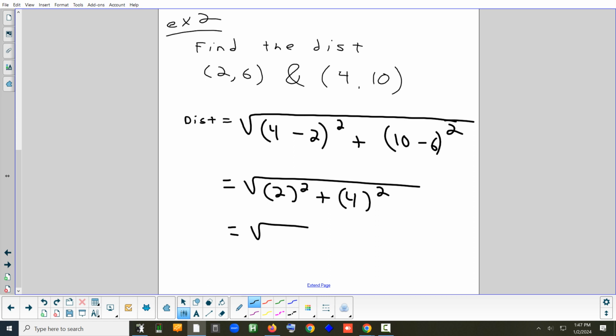And 4 to the second power? 16. All right. So we get the square root of 20. Any questions just up to that stuff? Okay. Now, the square root of 20 can be simplified. Does anybody know what it would simplify to?